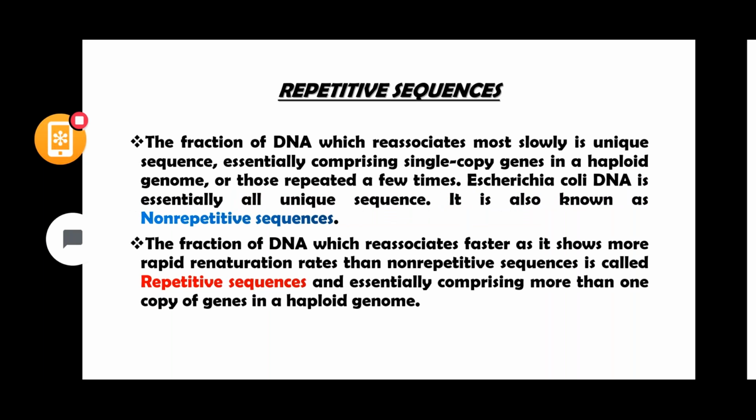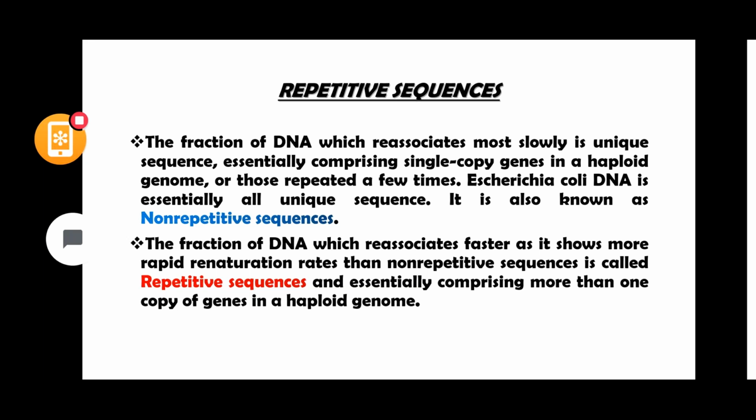Okay, so now repetitive sequences. What are repetitive sequences and what are non-repetitive sequences? See, the fraction of DNA which reassociates very slowly, because it contains unique sequences, usually having a single copy in a haploid genome, right?